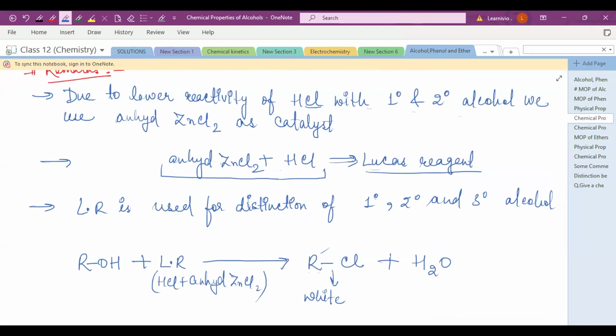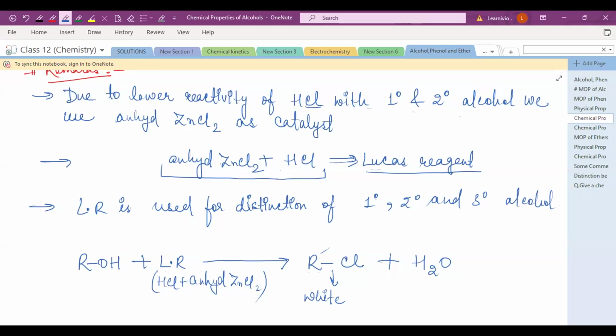This Lucas reagent is used in the distinction test of primary, secondary, and tertiary alcohol. This is very important. In the Lucas test we use HCl plus anhydrous ZnCl2 to distinguish between primary, secondary, and tertiary alcohol. Suppose we don't know which type of alcohol it is. How will you distinguish which one is primary, secondary, or tertiary?